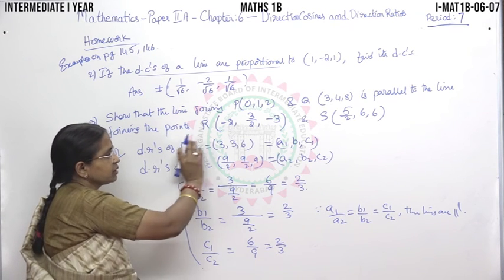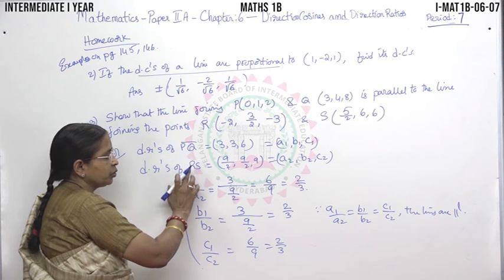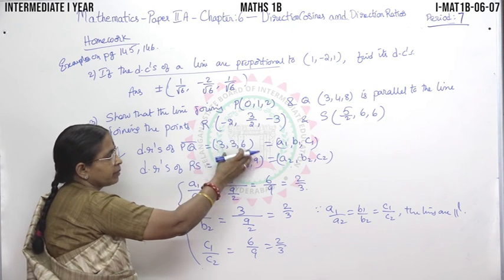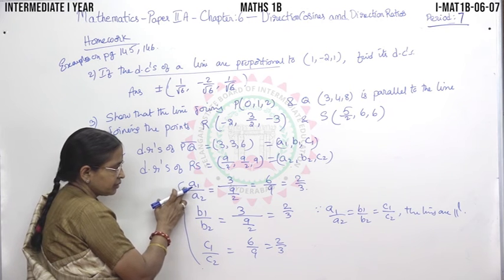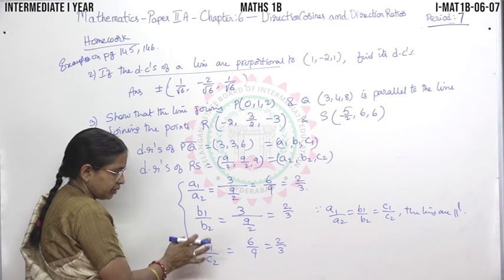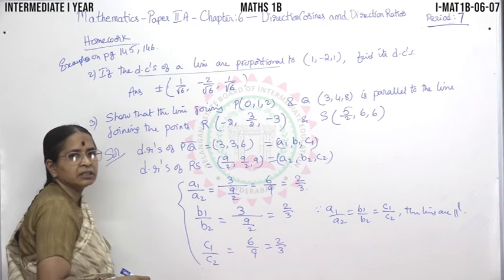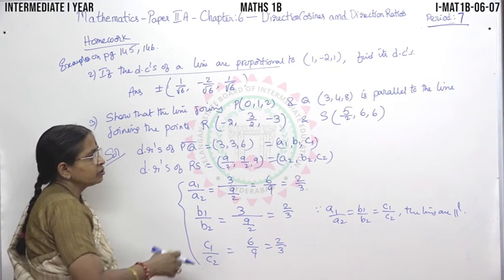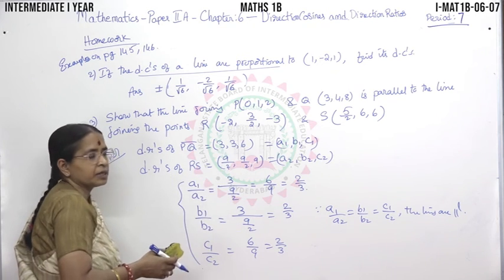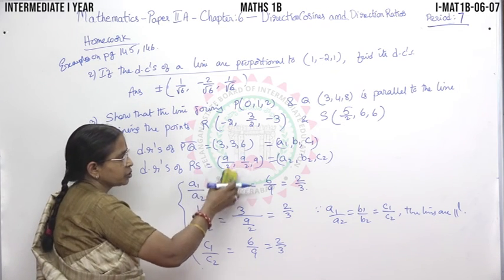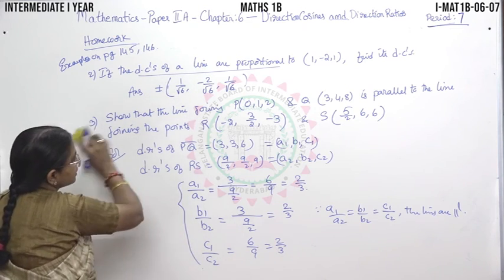Always first just find the direction ratios of one side PQ and then RS. Name them as A1, B1, C1, A2, B2, C2, like this. Always first find A1 by A2, B1 by B2, C1 by C2. If all the 3 are equal, then you can directly say that they are parallel. Every time it may not strike you to take something common and show that they are equal, so you can do by this method.